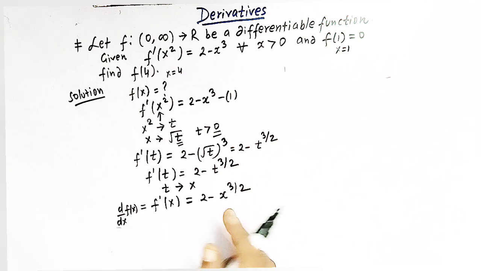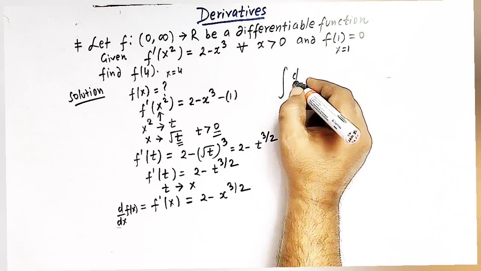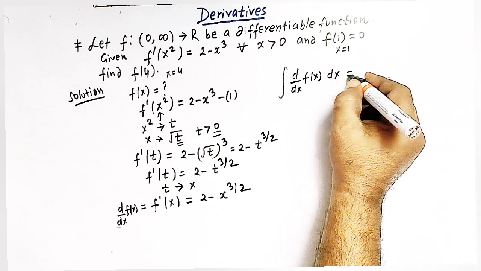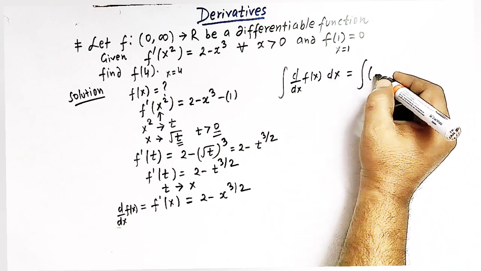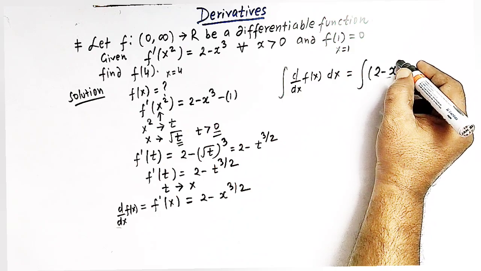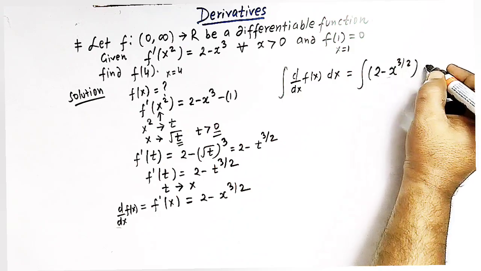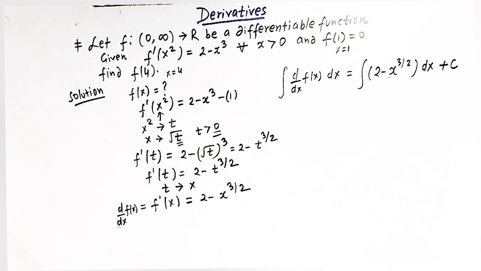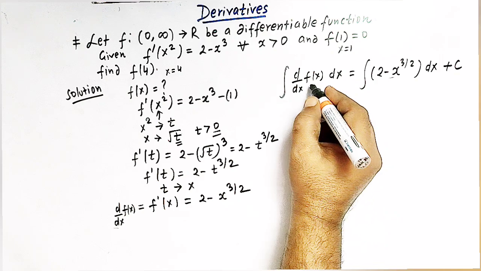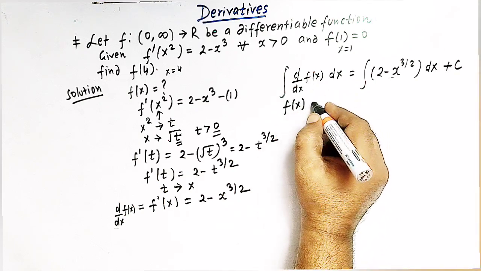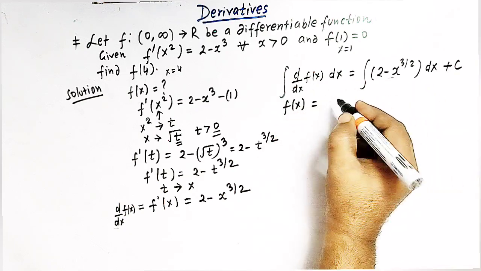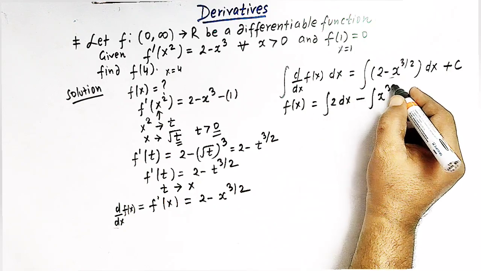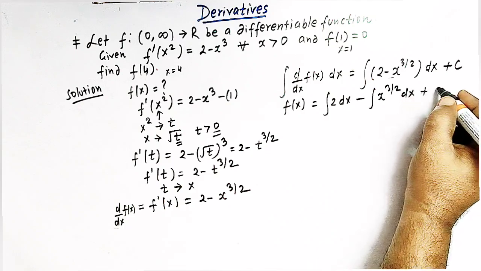So integrating both sides with respect to x, we have d by dx of f of x integrated with respect to x, and here we have the integral of 2 minus x raised to 3 by 2 dx, and c is the constant of integration. So now we have f of x equal to the integral of 2 dx, then the integral of x raised to 3 by 2 dx, and c.